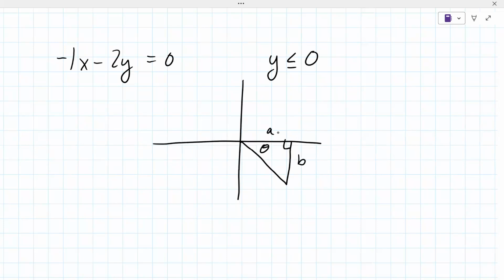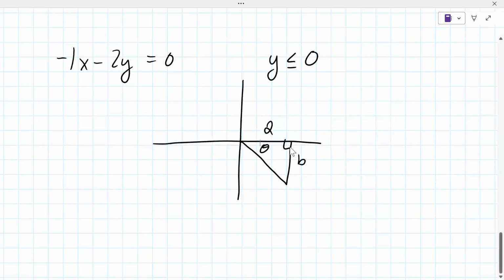What's A and what's B in this case? It's related to the slope. A would be 2 and B would be -1? Yes, very good.